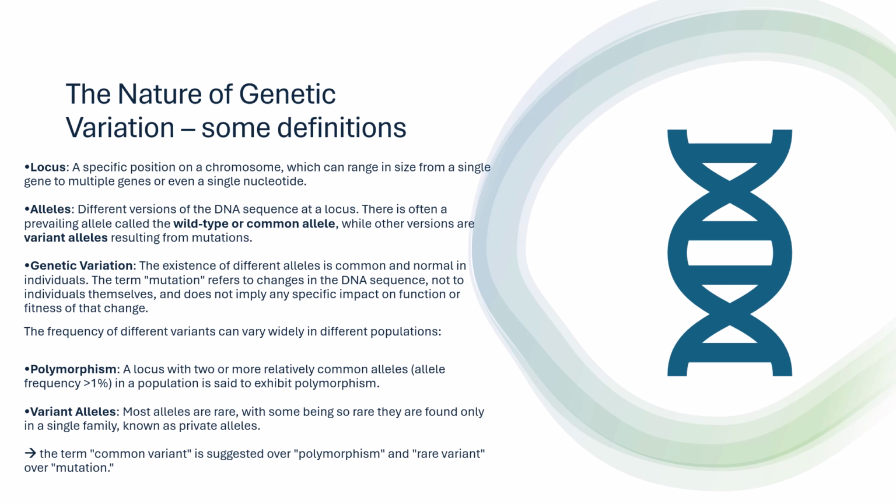For example, if CBA is a sequence that is not common and is present in less than 1% of the population, we call it a variant allele.